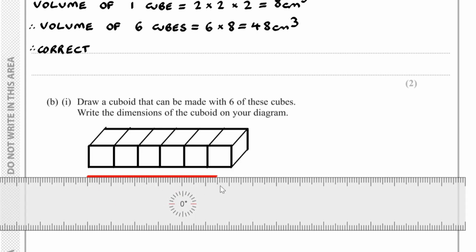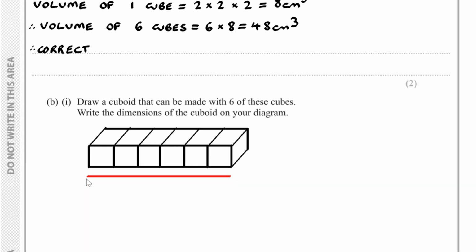So here we've got 2 times 6, which is 12 centimeters. And then we've got this bit here, which is 2 centimeters. And then we've got the height, which is 2 centimeters.